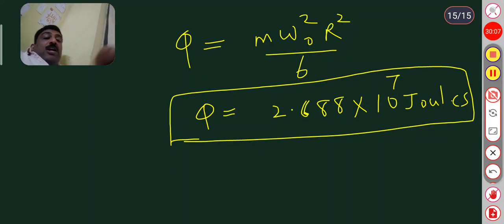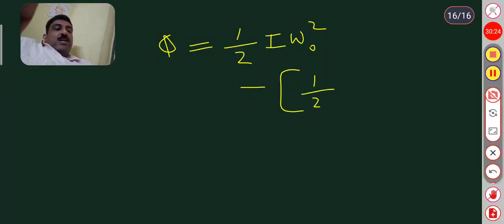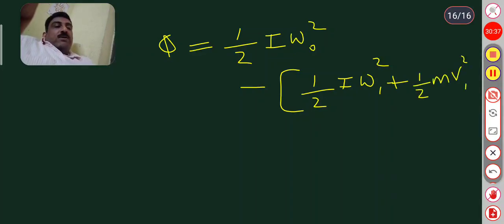Now this can also be calculated another way. The heat generated is equal to the initial rotational kinetic energy, half I omega naught square, minus the final energy, that is half I omega 1 square plus half m v1 square.